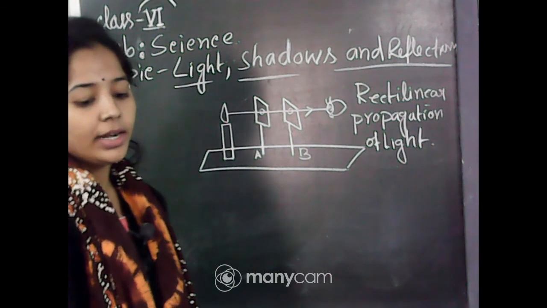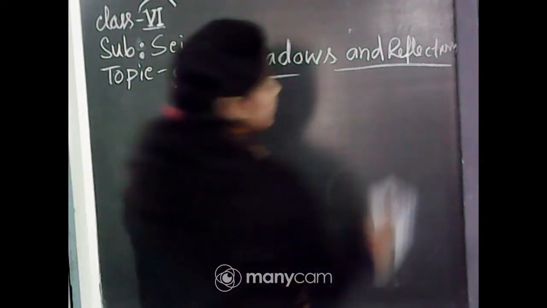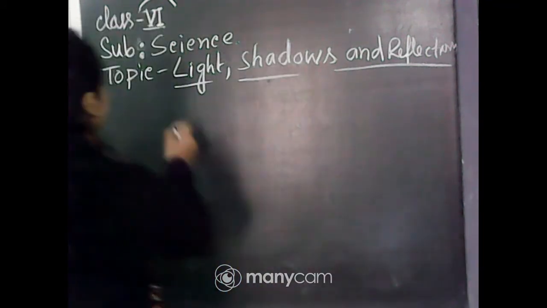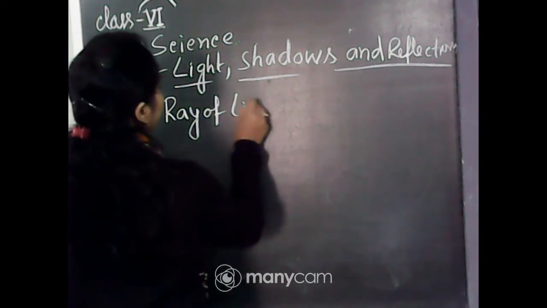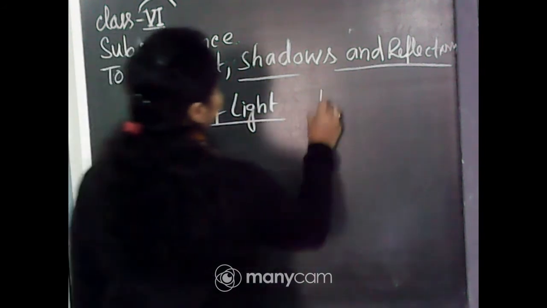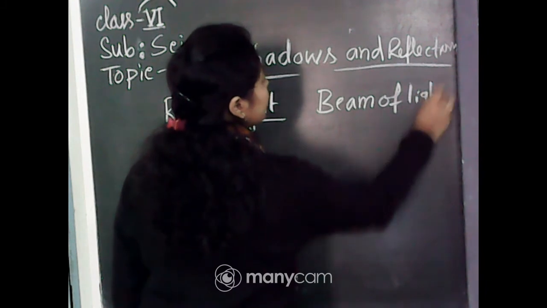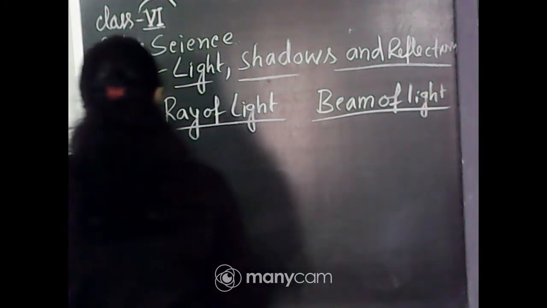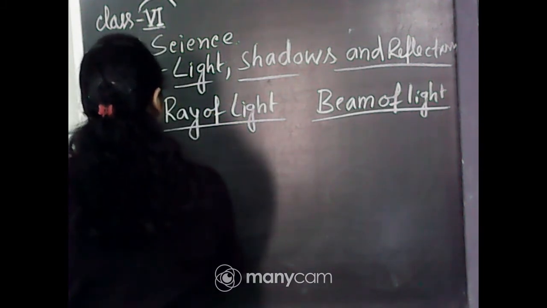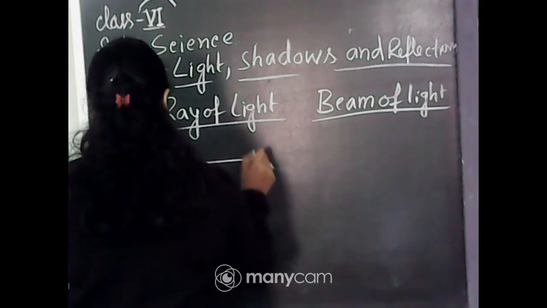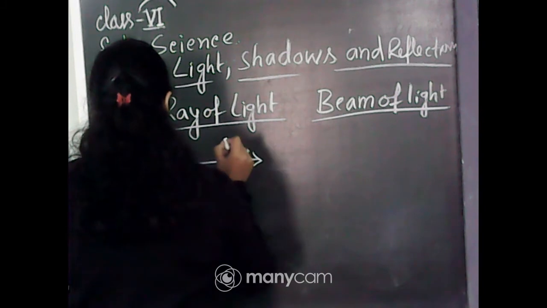No problem. Now, you have heard about two terms, one is ray of light and another is beam of light, but these are totally different from each other. When light goes along a path in a given direction, only a single path you can see.